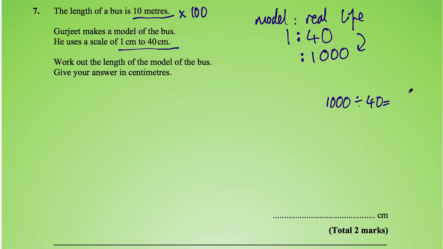And 1,000 divided by 40 is 25. That tells me that I've multiplied by 25 in this ratio. Do the same to the other side of the ratio, because always you need to do the same thing to both sides of the ratio. That means the scale of the model, 25 to 1,000, that means that the 1,000 centimeters of the bus is represented by 25 centimeters of the model. So the answer is 25 there.